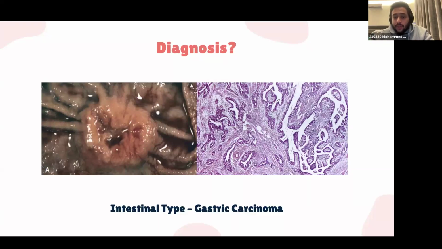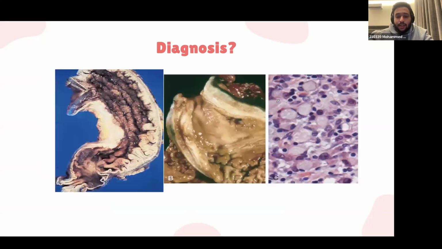The more important one that I need you guys to remember is this one. This one is classic. It's commonly questioned. What type of gastric cancer is this? Diffuse. What do I call this sign?